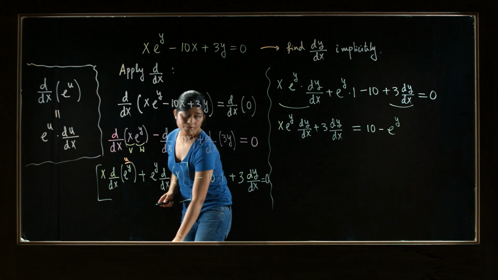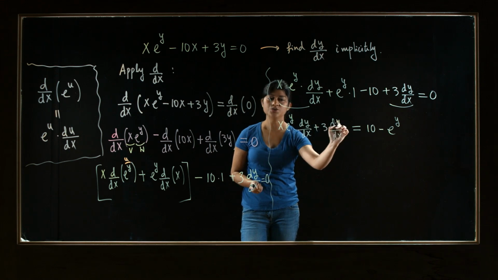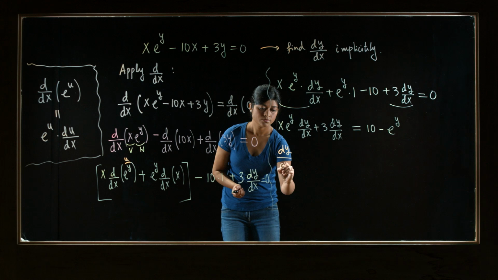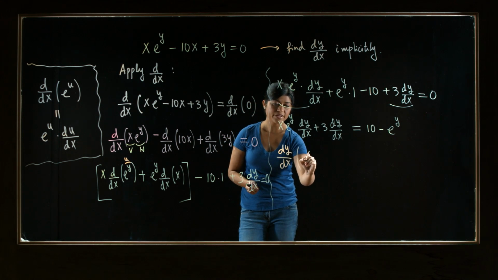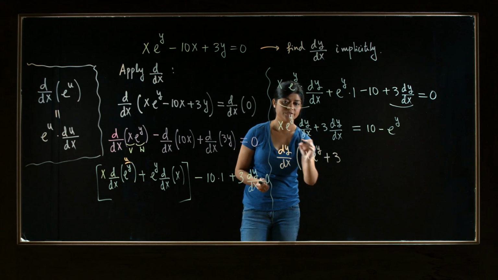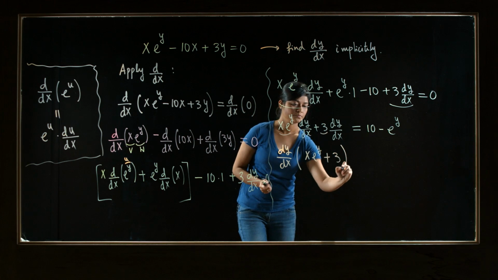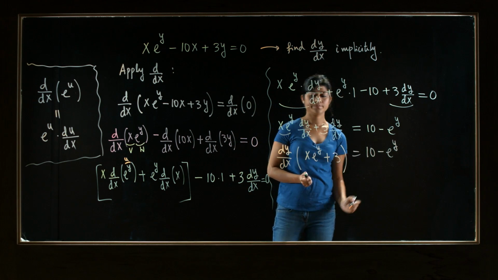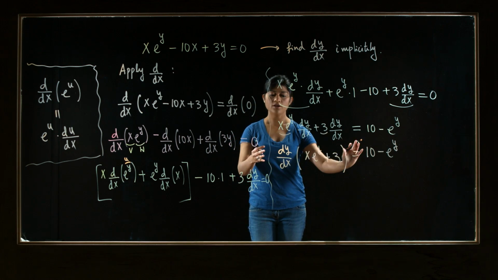In the next step, we take out the common factor dy dx from these two terms. So take it out, and we will be left with, from the first term, x e to the y, and from the second, plus 3. And that is equal to 10 minus e to the y. So how do we extract dy dx from all of it?